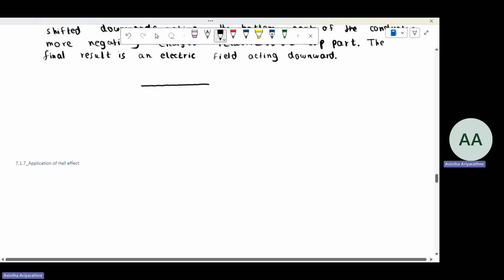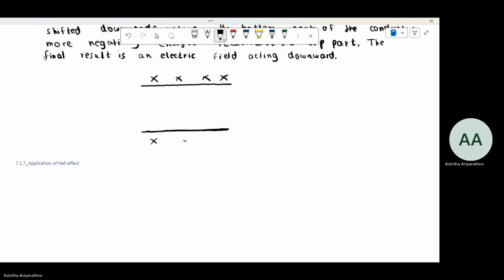We can redraw the conductor, right? So this magnetic field B, and now this is positively charged. The top layer is positively charged, whereas the bottom layer is negatively charged due to the accumulation of the electrons.